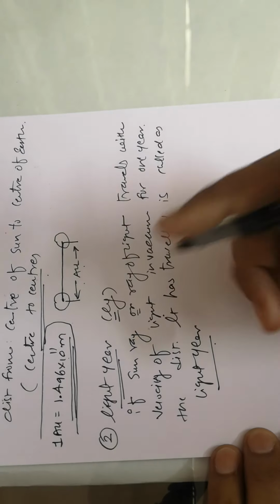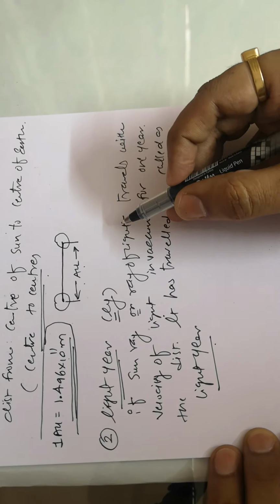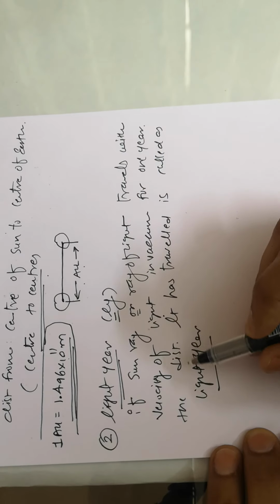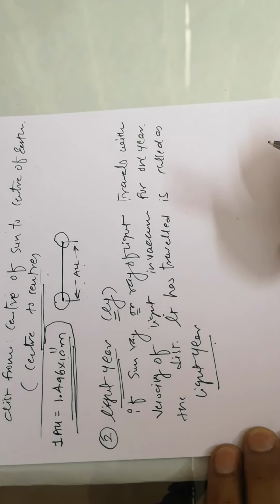Very simple definition: a ray of light travels with the velocity of light in a vacuum for 1 year, and the distance it has traveled is called a light year.